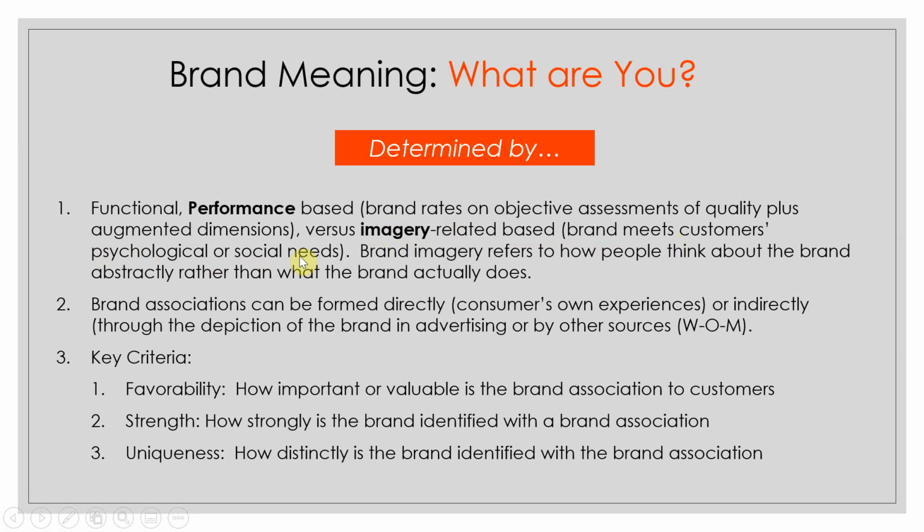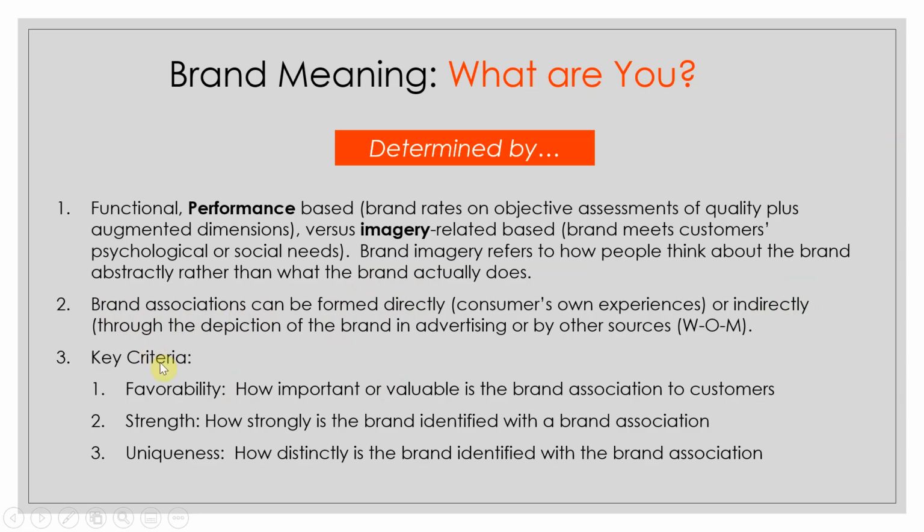So particularly brand imagery refers to how people think about the brand abstractly rather than what the brand actually does. So these are about the two sides of the brand. Intrinsic and extrinsic. The brand association can be formed directly or indirectly.